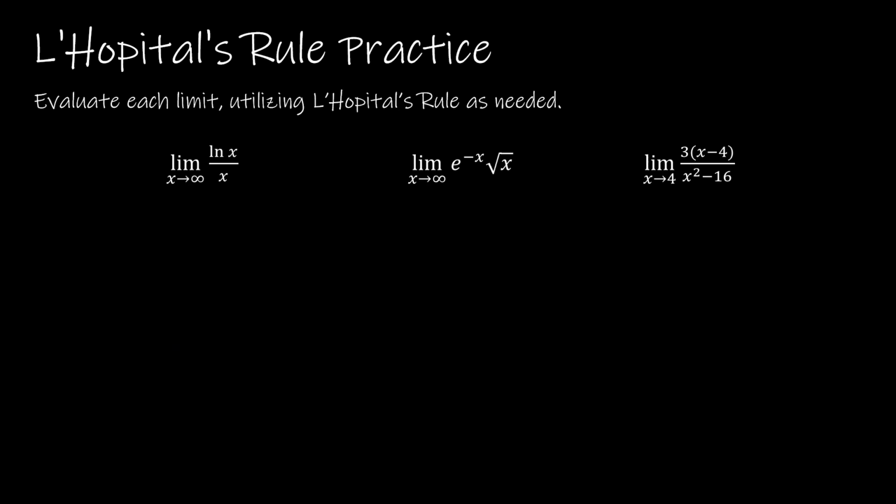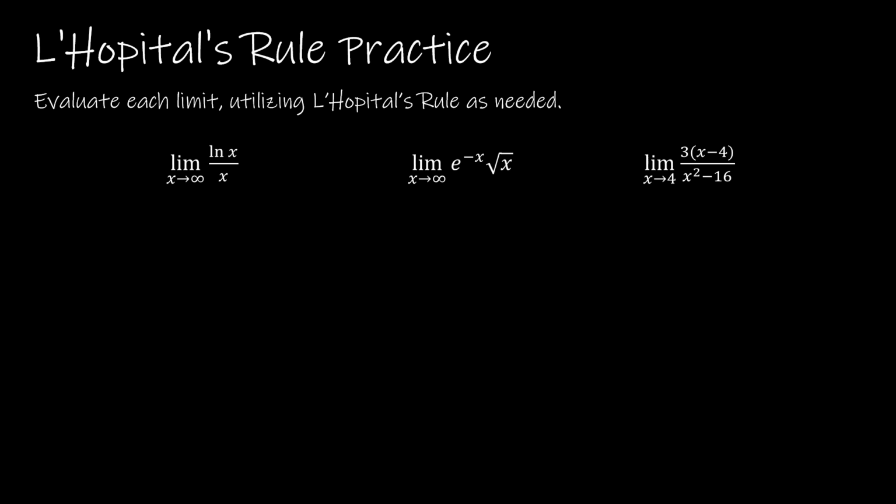Let's take a look at these 3 practice questions, and we'll just utilize L'Hopital as needed. So for the first question, if I were to try direct substitution, I'd end up with infinity divided by infinity, which doesn't work, so that's indeterminate, and I need to utilize L'Hopital's rule.